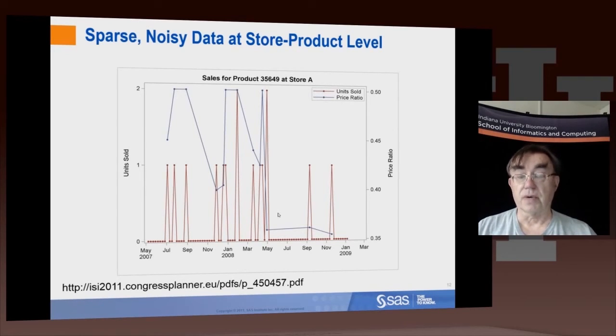This is one store on one product, and you can see the units sold. Well, these are probably on a weekly basis, measured in the ones and twos. And here you're trying to make predictions on the amount sold as a function of the price.